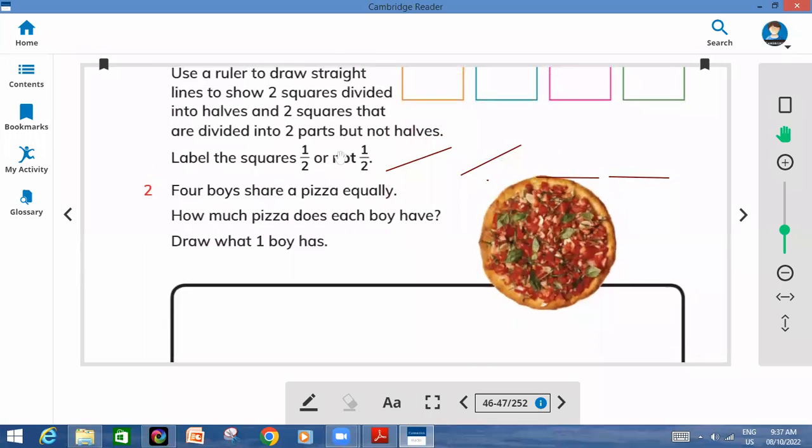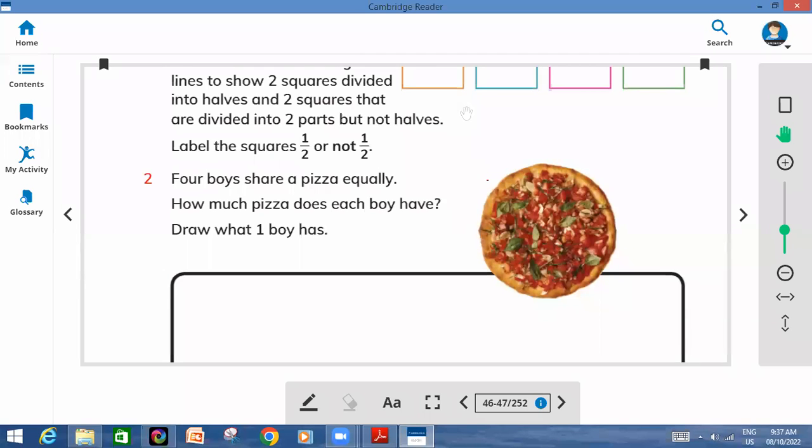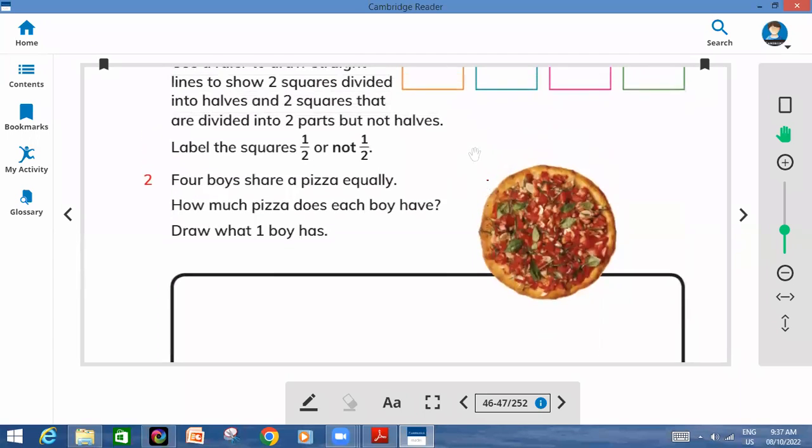Here are four boys who share a pizza equally. How much pizza does each boy have? Draw what one boy has.